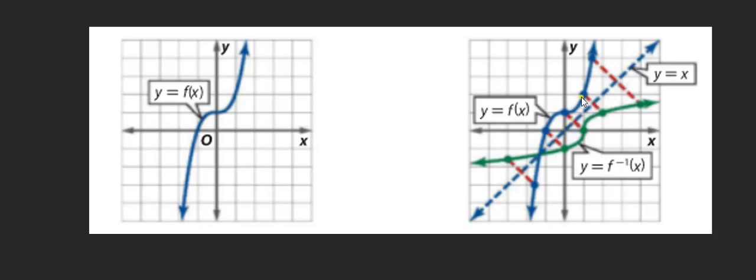So if there's a point on f of x, and across y equals x, there's a point on f inverse of x. So knowing the graph of f of x, you could use y equals x to sketch the graph of f inverse of x. And we'll look at some examples.